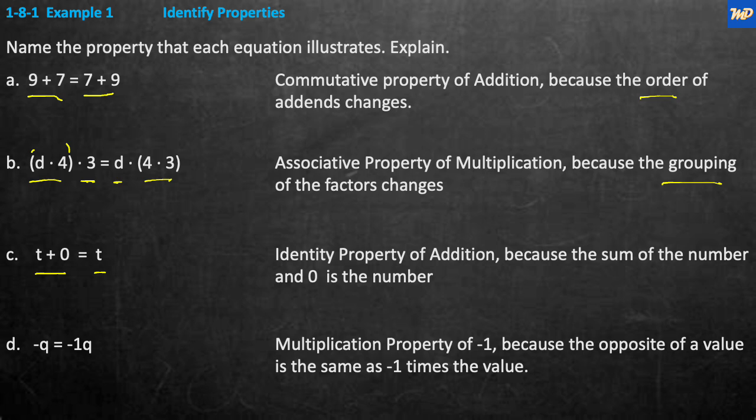And then finally, negative q is equal to -1 times q. We talked about that. Remember, the negative really means -1. And we call that the multiplication property of -1 because it's multiplying here. -1 times q, multiplication property of -1 because the opposite of a value is the same as -1 times the value.